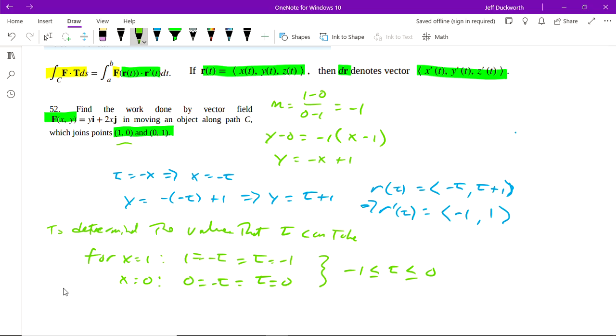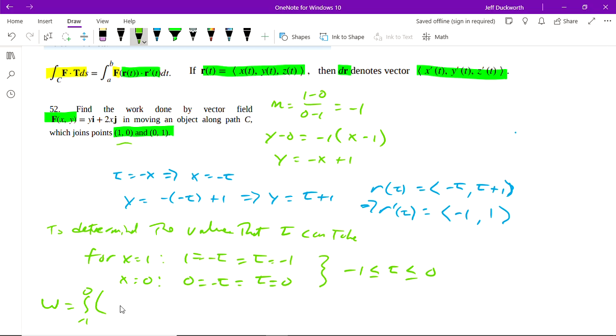So we have this formula here. We're dealing with work, so we'll use W. That's going to be this F. So we can use the field. So we've got our y i, so our first part is going to be the y. And y here is t plus 1, and this goes from negative 1 to 0.